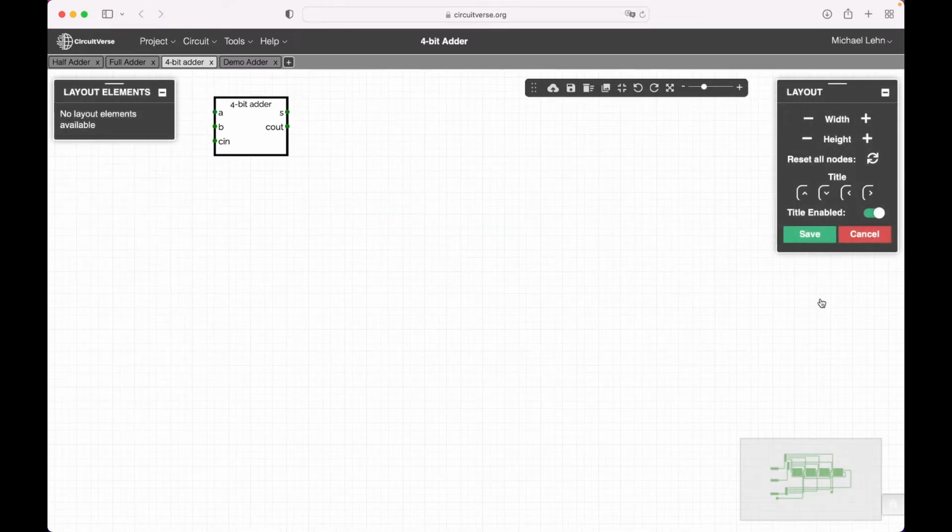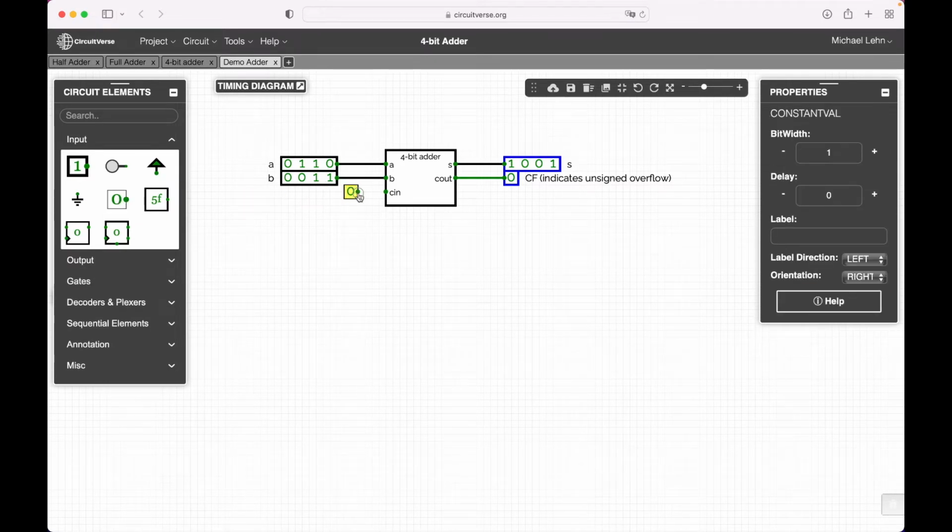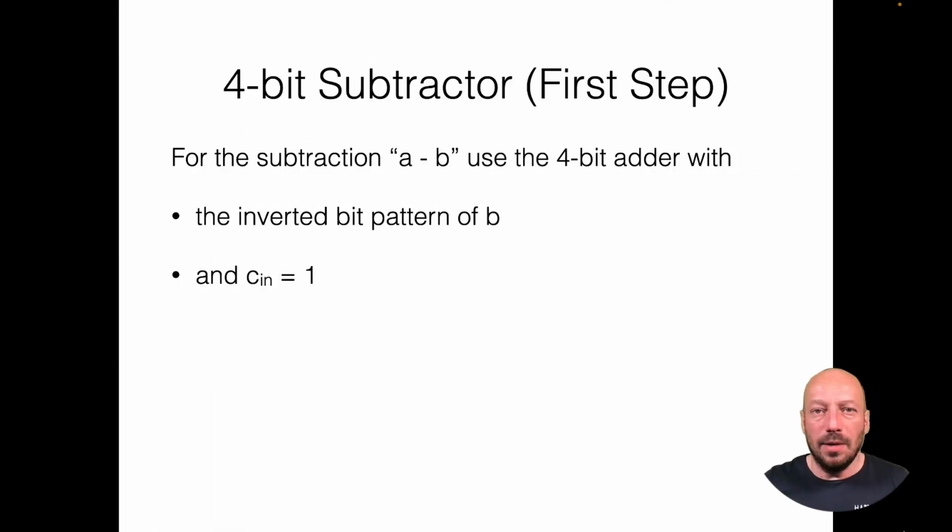If you check out the layout, you now see that we have 3 inputs, and in the demo for the adder, this Cin we always have the value 0. So here we can use a constant input. But important is that we now have a building block that also can be used with a Cin equal to 1.